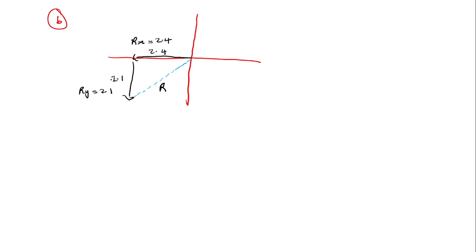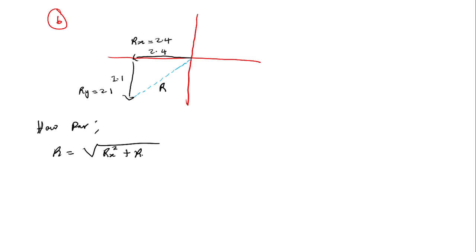Yeah. So this can be negative, that one can be negative because this is the third quadrant, but we won't be interested in much of the signs. So to find how far, you're going to use the formula r is equal to the square root of rx squared plus ry squared.